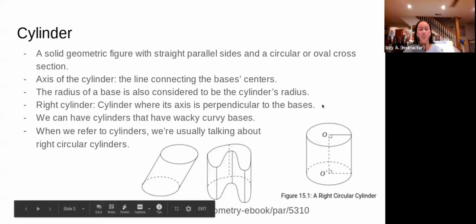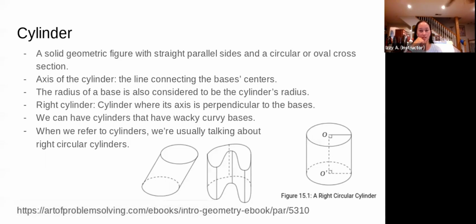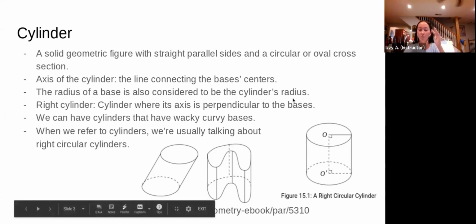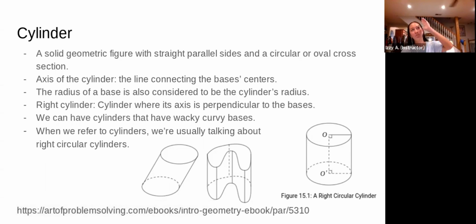As we talked about cross-sections in the last lesson, imagine cutting, let's say, the cylinder on the right in half horizontally or vertically or diagonally. If you were to cut it horizontally, there'd be a circle. If you were to cut it vertically, that would be a rectangular shape.